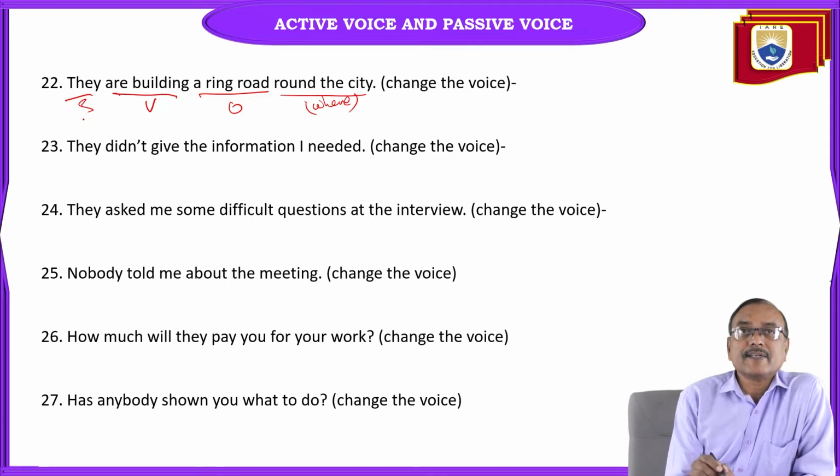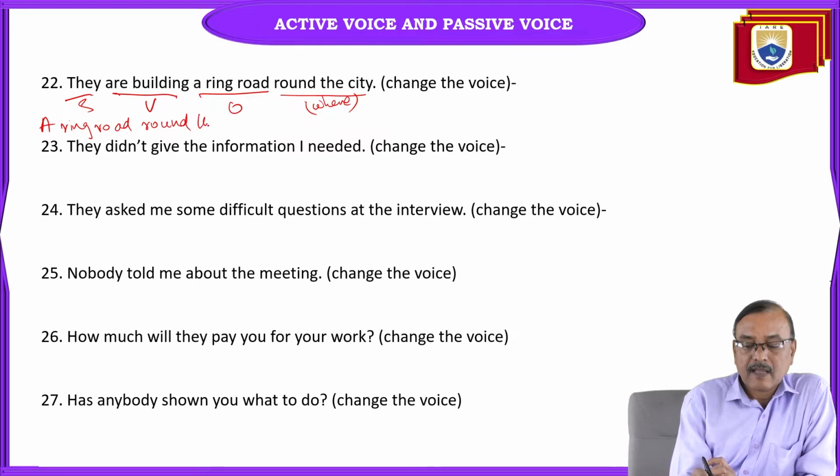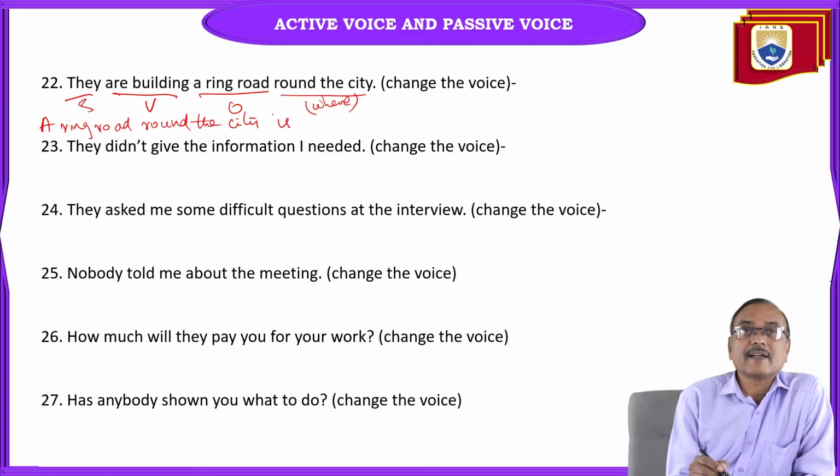Now here, think of it: present continuous. So in passive voice, the helping verb will be being. Before V3, we have to use being. Right? So now change it here. A ring road around the city is, don't say are, is only. So for continuous tense, the passive helping verb, what is that?